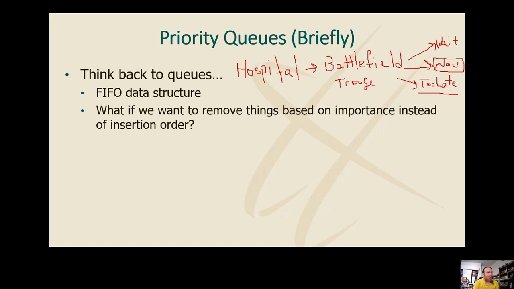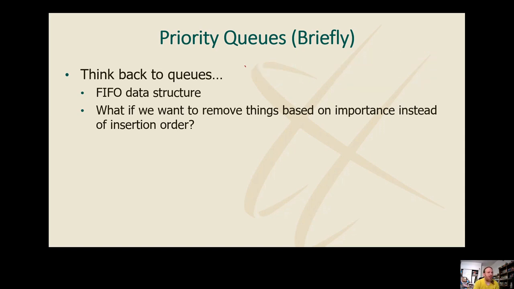Right? Another classic example is ticketing systems. Anyone who is a software engineer will tell you that a ticketing system is prioritized. Right? Bug reports tend to be the highest priority because they tend to be out in the wild already.